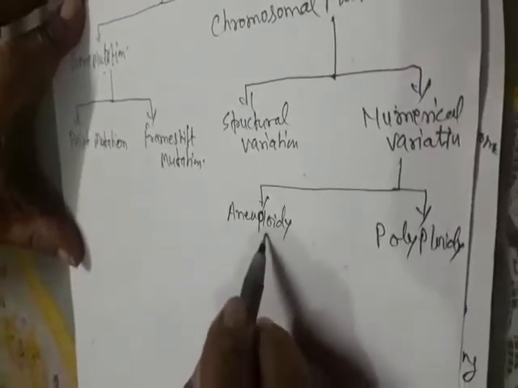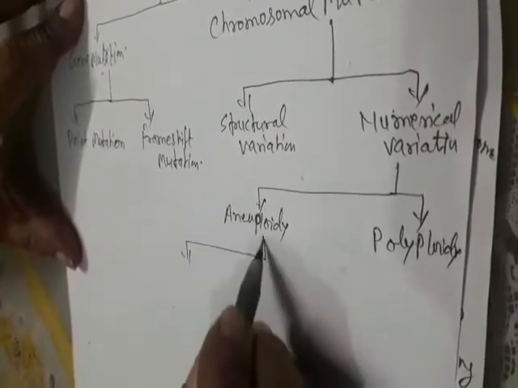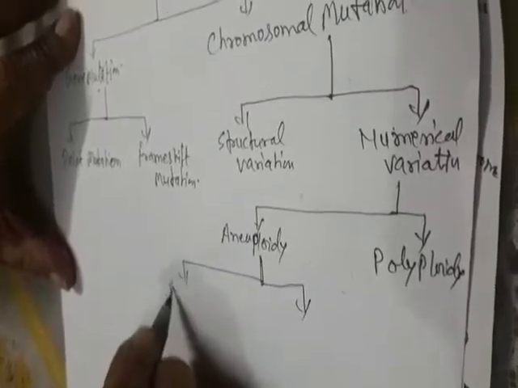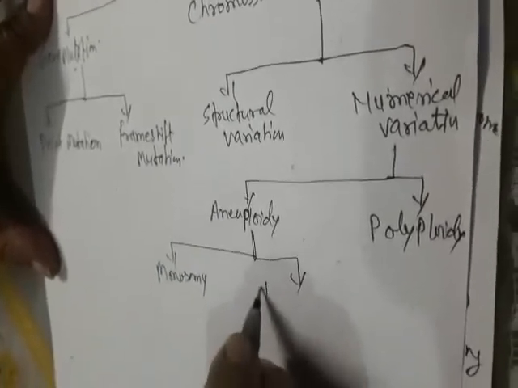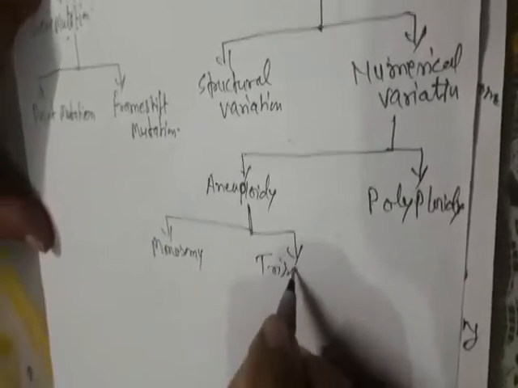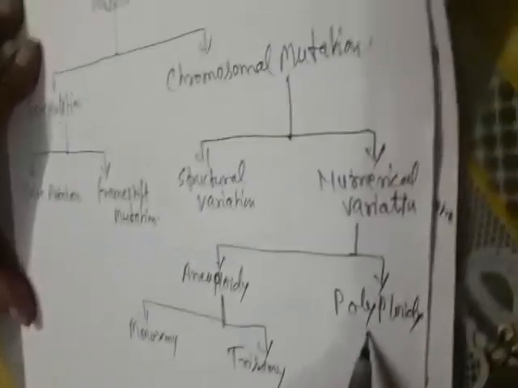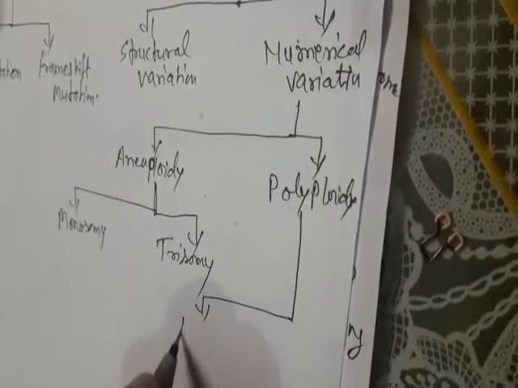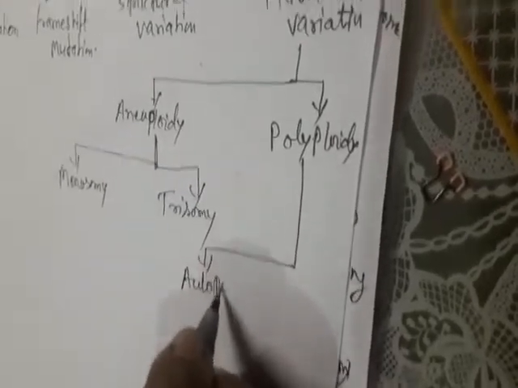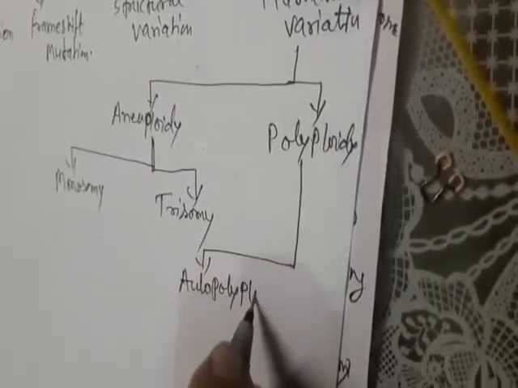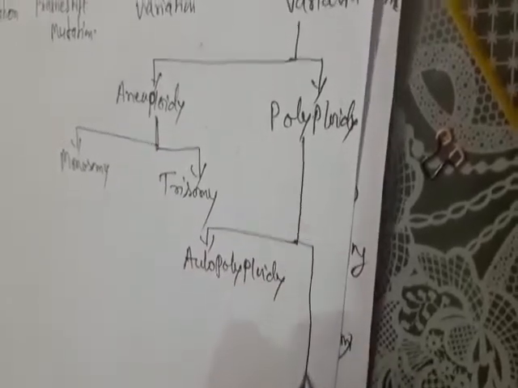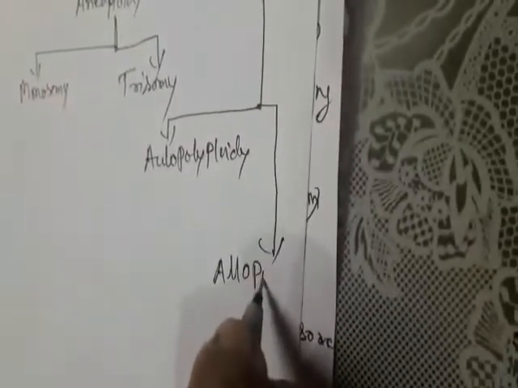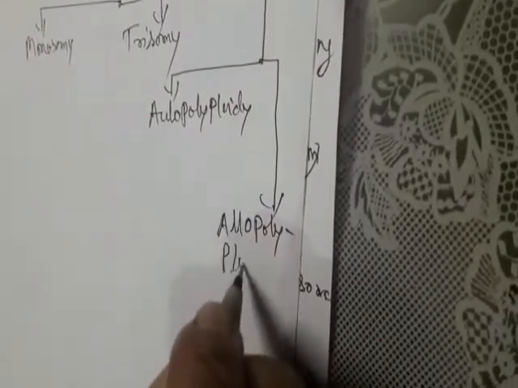Aneuploidy, two types: monosomy and trisomy. Polyploidy, two types: autopolyploidy and allopolyploidy.